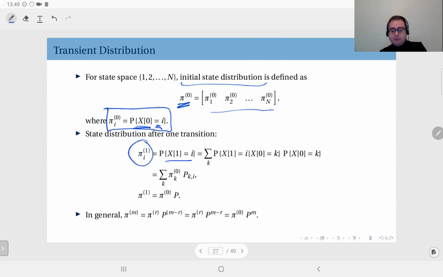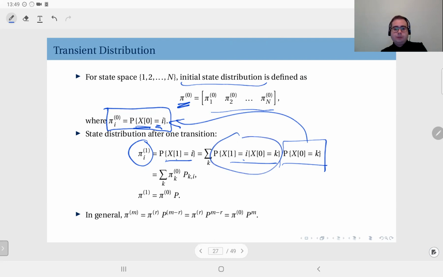Okay, so probability of X of 1 equals i, given X of 0 was k, times the probability X of 0 was k. Now this I have defined here, and this, as you see, is just the one-step transition probability. So here I will just write this initial probability, and this here is the one-step transition probability.